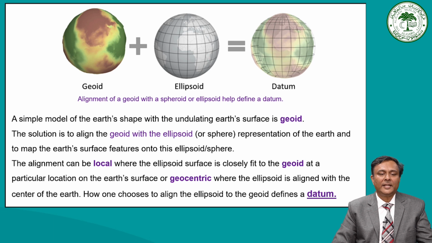The alignment can be local, where the ellipsoid surface is closely fit to the geoid at a particular location on the Earth's surface, or geocentric, where the ellipsoid is aligned with the center of the Earth. Now, how we choose to align the ellipsoid to the geoid defines a datum.